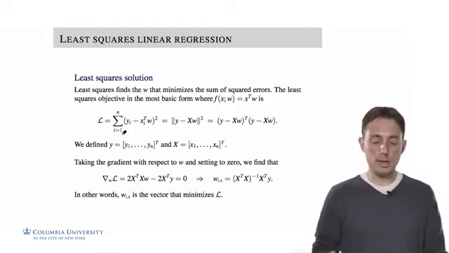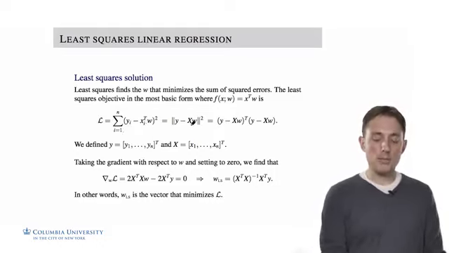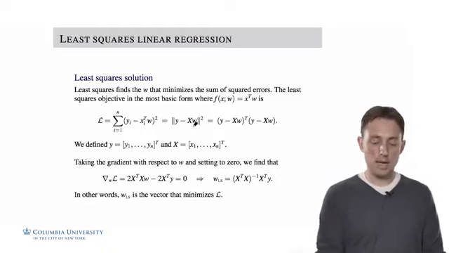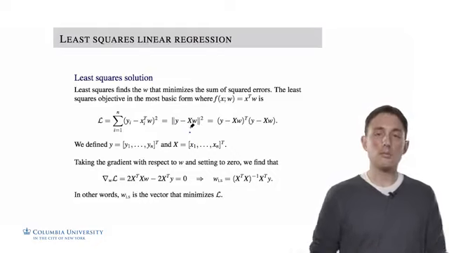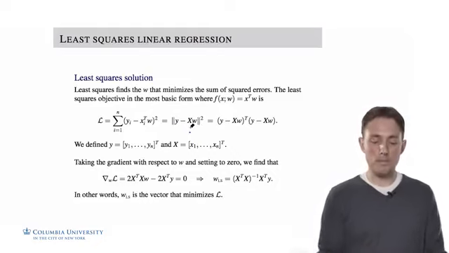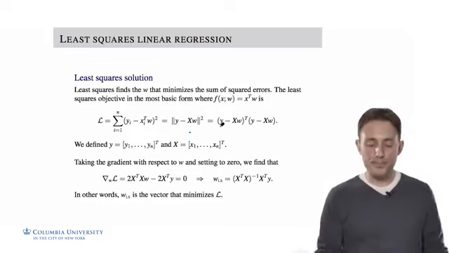We can write this in a nicer matrix vector notation by taking these vectors x_i and putting them along the rows of a matrix, capital X. So this matrix is n by d+1. And then we take the vector y formed by taking each of these outputs, y_1 through y_n, and constructing a vector out of them.